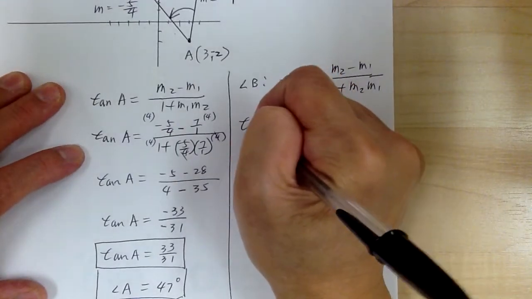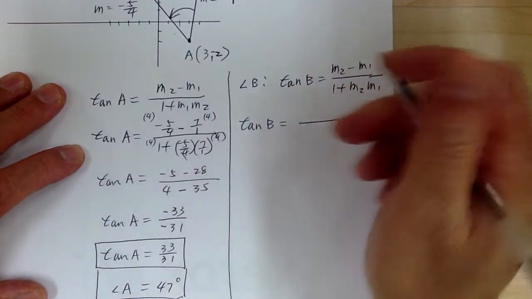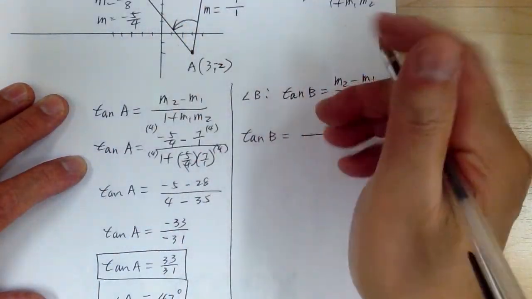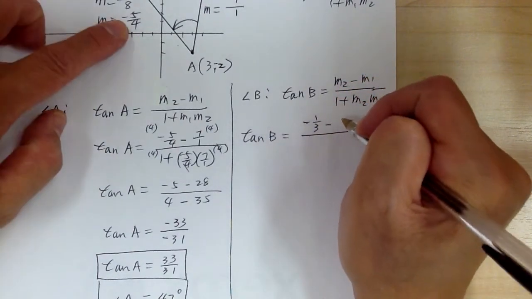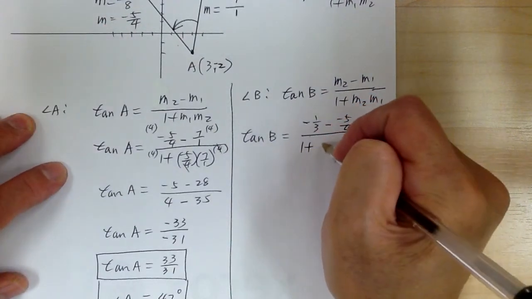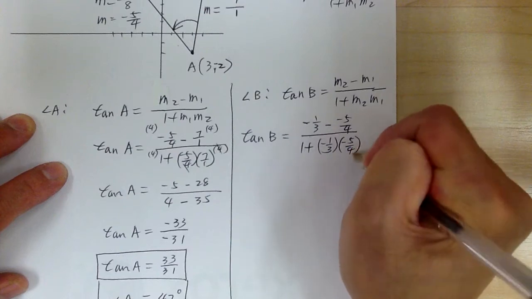So tangent B is equal to, now for this one, this is going to be M2 for angle B. So M2 is this one. So it's negative 1 over 3 minus negative 5 over 4 over 1 plus negative 1 over 3 times negative 5 over 4.